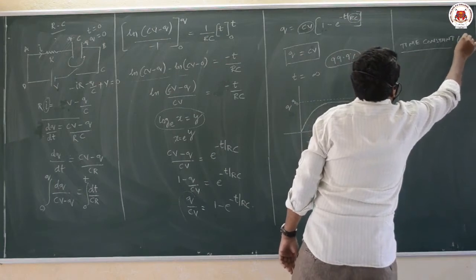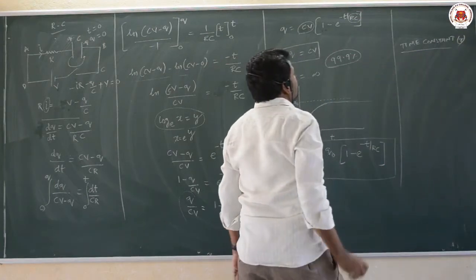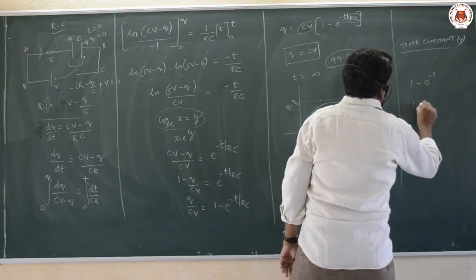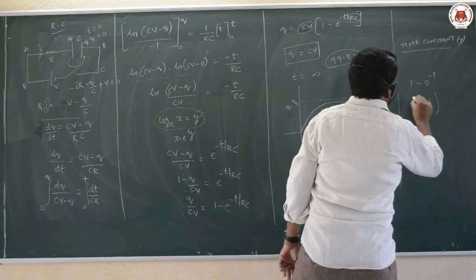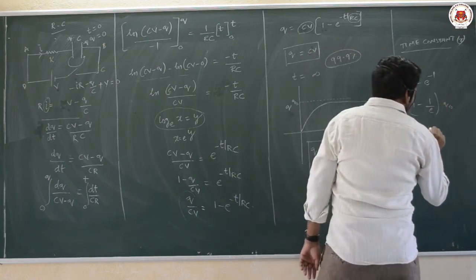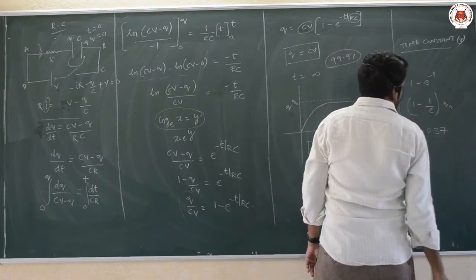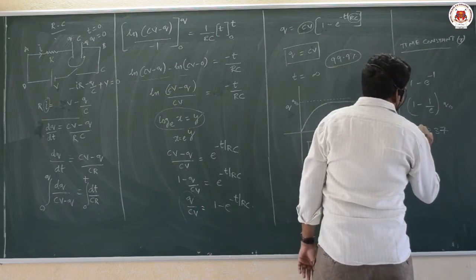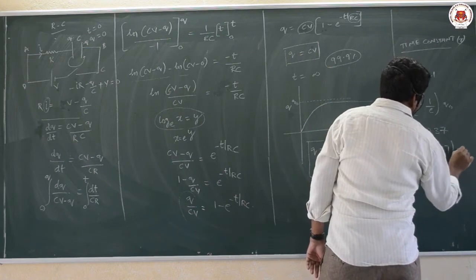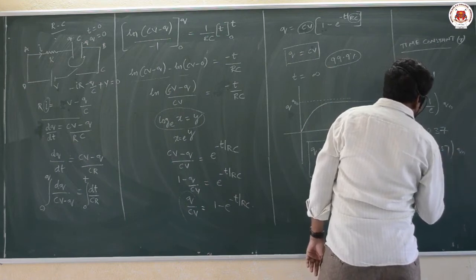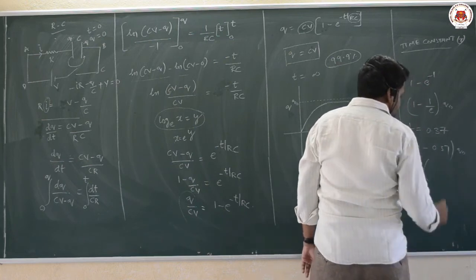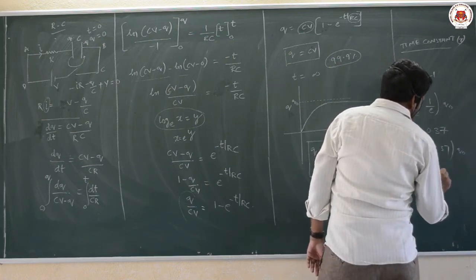So if you take t is equal to time constant, you will get 1 minus e power minus 1, so 1 minus 1 by e into Q naught. 1 by e value is 0.37. So 1 minus 0.37 into Q naught, 1 minus 0.37 is 0.63.